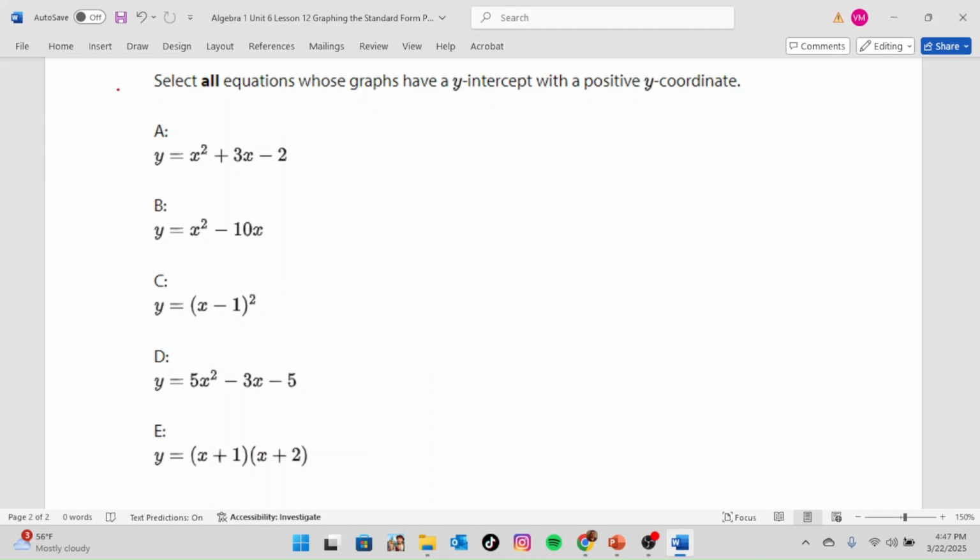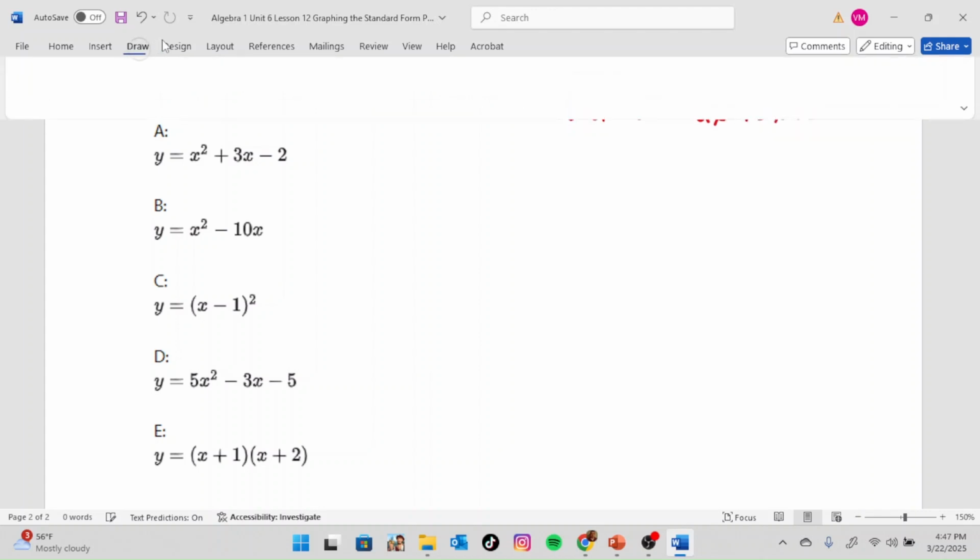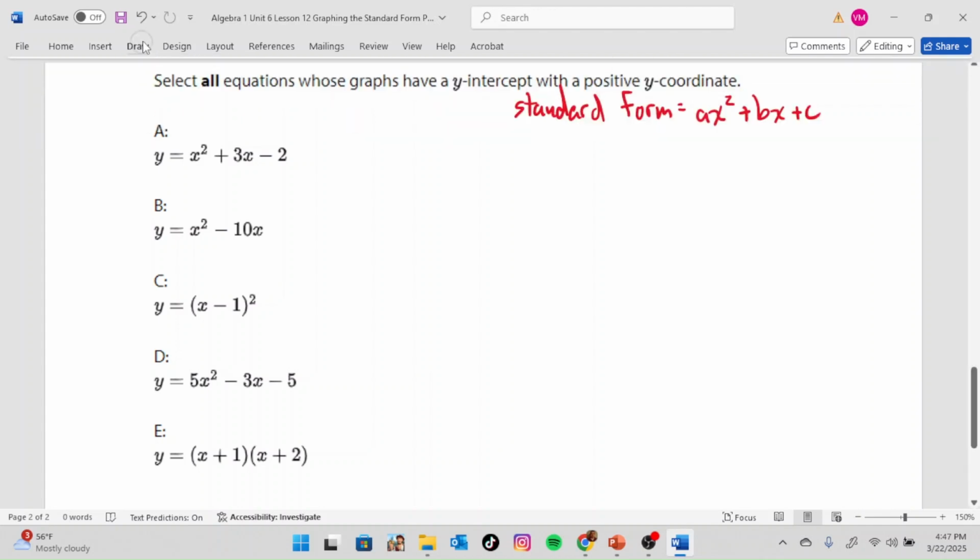In standard form, the c term. So standard form is ax squared plus bx plus c, and it's that c term that is the y-intercept.